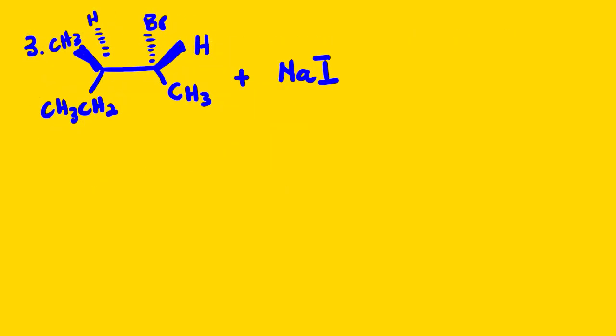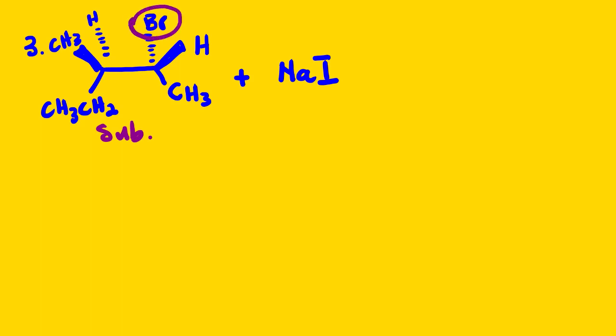Let's look at this reaction. While looking at this reaction, I want you to take note of the representation that I'm using here. So we start by labeling this as our substrate, and then only iodine will take part in the attacking and the replacement of our leaving group.